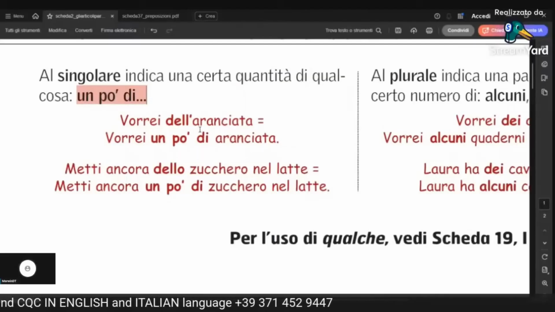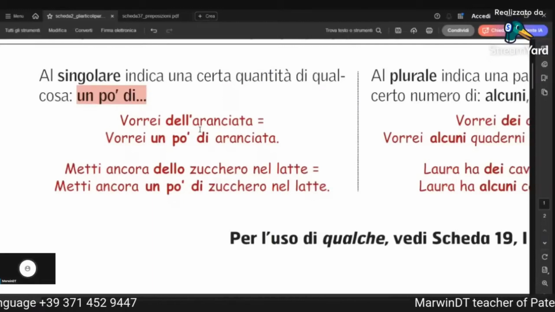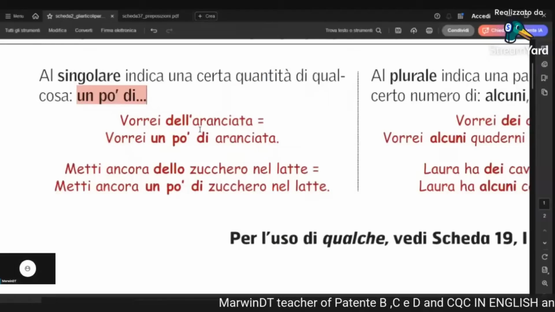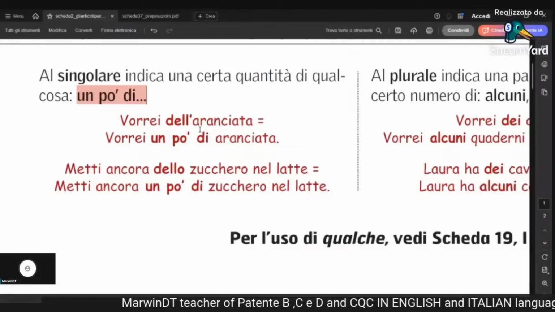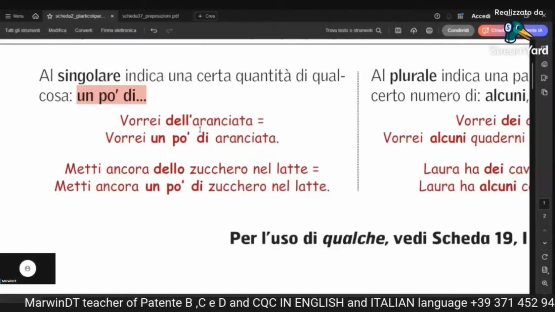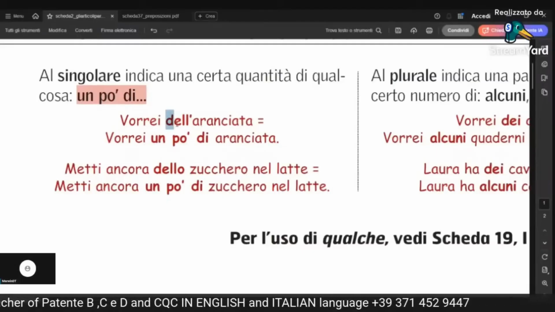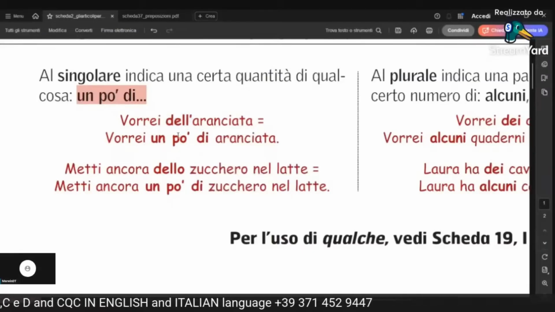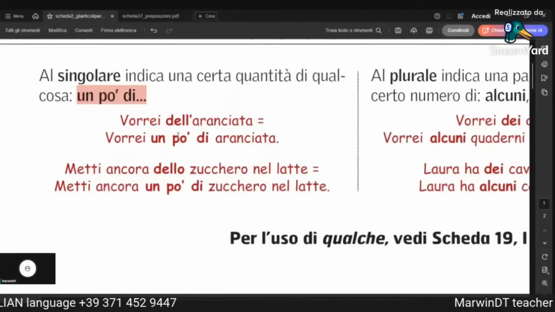Aranciata, orange. Vorrei dell'aranciata. So it does not tell us a specific amount. But we know it is talking about what? Orange. Dell'aranciata. Okay. As we move forward, we'll see how perfectly they are being formed.